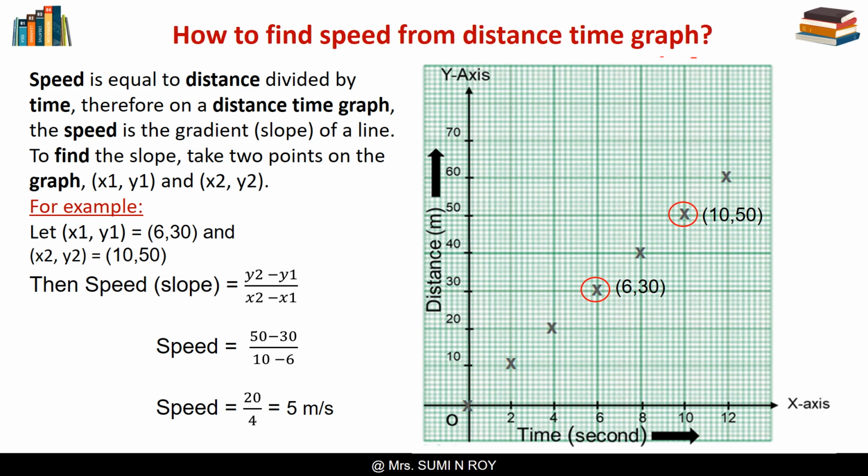Formula to calculate slope is (y2 minus y1) divided by (x2 minus x1). Substitute the values in the given formula and after calculating we will find the speed.